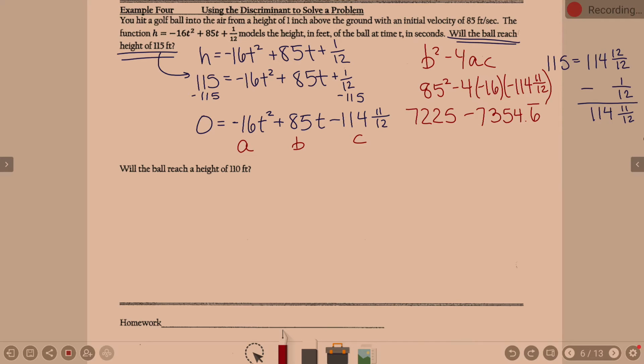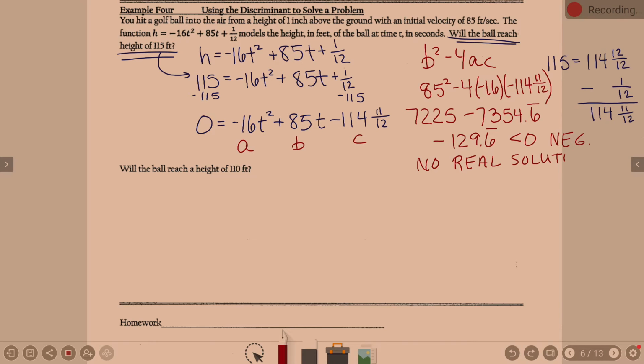You're going to get a negative. For the record, it is negative 129.6 repeating. That is less than 0. That is a negative, so that means there are no real solutions.